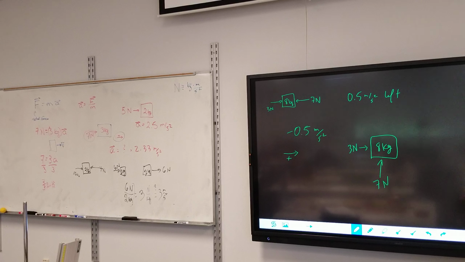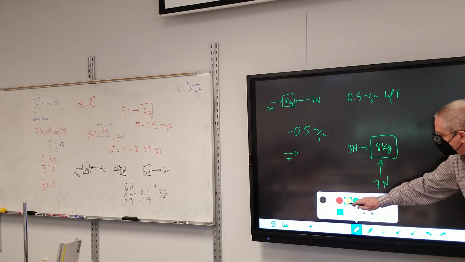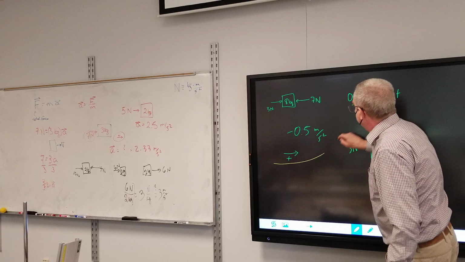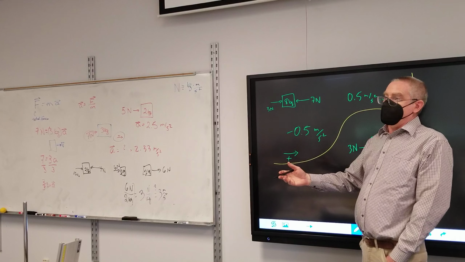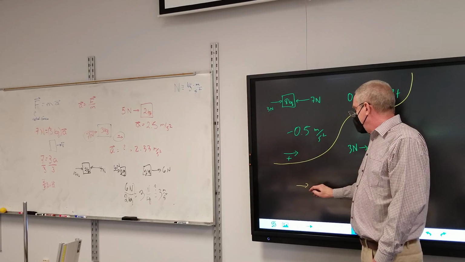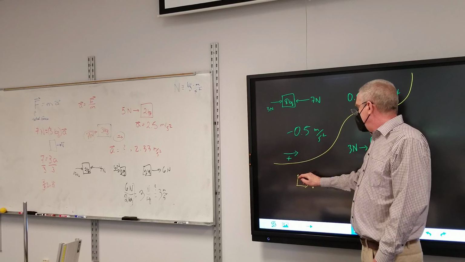How do you deal with a two-dimensional problem? Separate that. Do we have to establish east and north? Okay, that's one way. Typically in physics it doesn't have to be east and north. Up and to the right. I hat, J hat. So let's just make I hat to the right, J hat up.